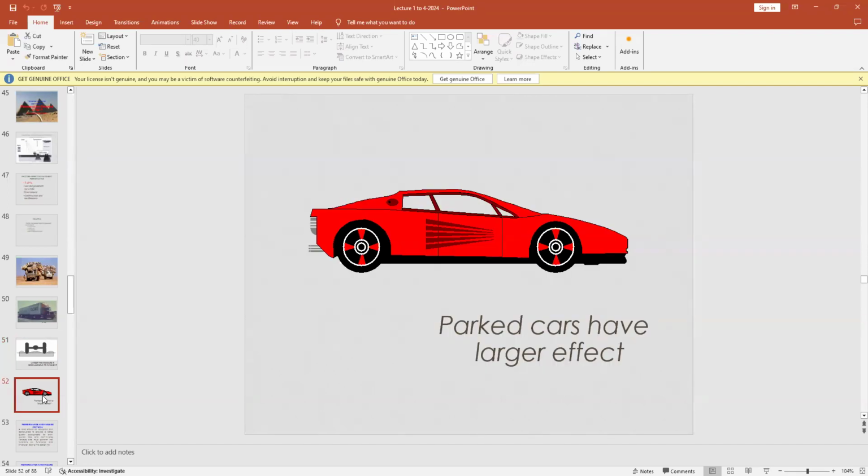We design pavement for dynamic load. We don't design for parked cars. You must be wondering why in our country the bridges get damaged after rain, and you see many bridges have failed. Why do they fail? They are not supposed to fail, because the flexible pavement and the bridges are designed for dynamic load, meaning the load is not constant.